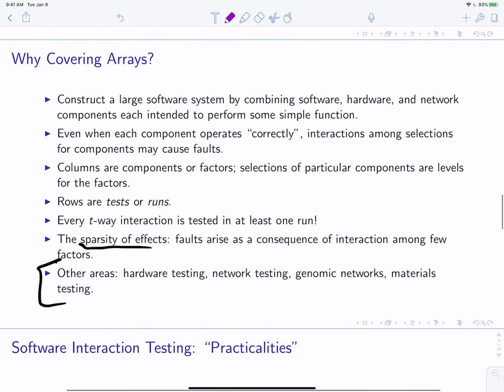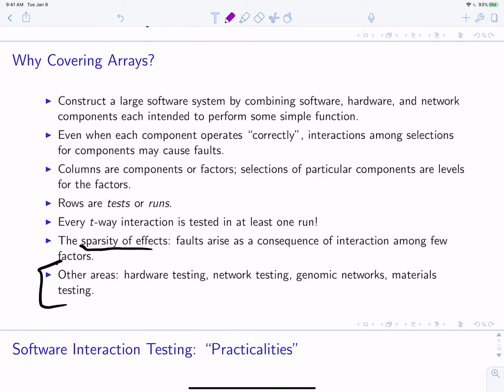Okay. So we started to talk about why do we even want to consider covering arrays in the first place. If we just look at this array, there is a parallel to how someone would test a real system. Each of the rows of the array corresponds to one test that we're going to run. And how do you actually run the test? Well, you look at each of the components in that one row and look at the value that's assigned to that column, and we assign those values when we do the real test.